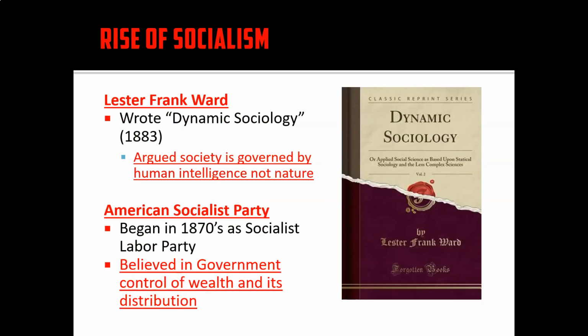Now, in 1883, Lester Frank Ward, a known socialist, wrote the book Dynamic Sociology, and he argued that society is governed by human intelligence, not nature. Basically, it's not natural for men to rise and take lots of money and power; we should govern our society by our own brains and our own minds.